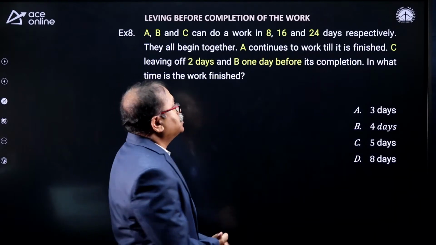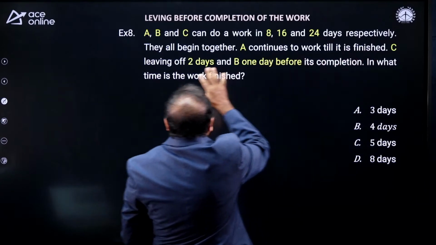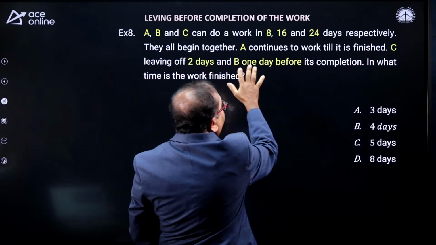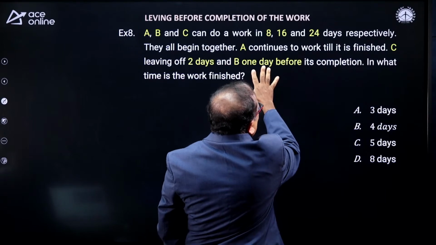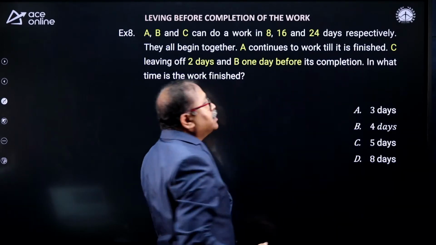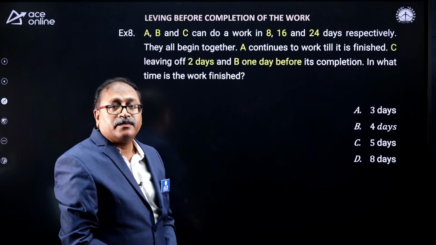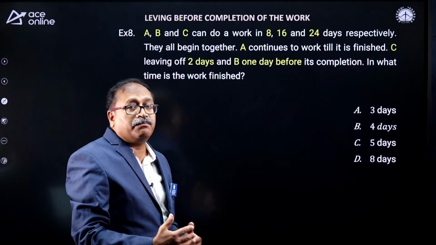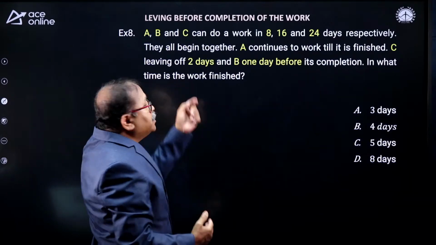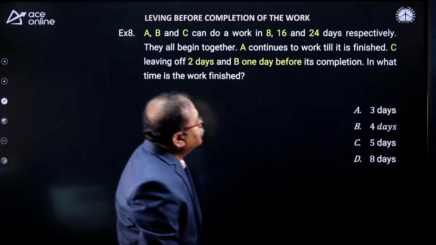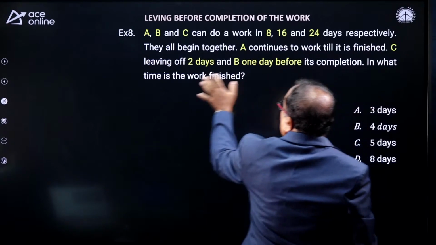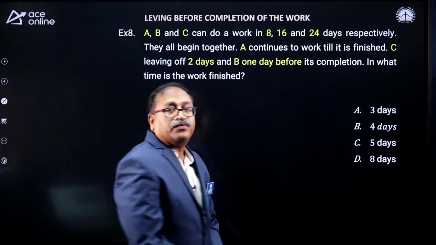So we are understanding the statement. Now C leaving 2 days and B leaving 1 day before its completion. How do we handle before completion? 1 day before completion, 2 days before completion. Now the question is, in what time is the work finished?